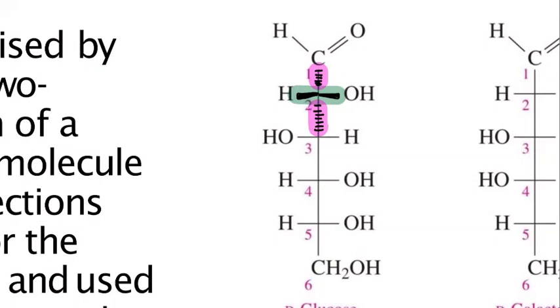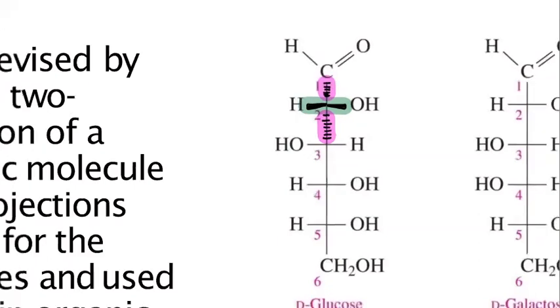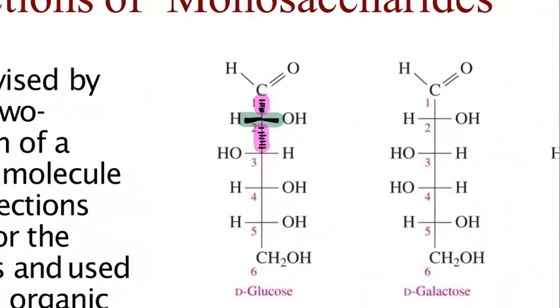But anyways, you guys don't need to know how to draw a Fischer projection. The main thing that I want you guys to get out of a Fischer projection is that at every intercept between that horizontal line and that vertical line, there is a carbon atom. So understand that there's carbon atoms at each one of these intercepts between the two lines.